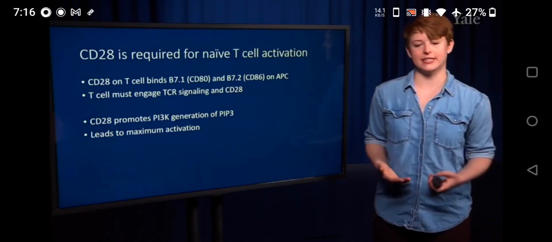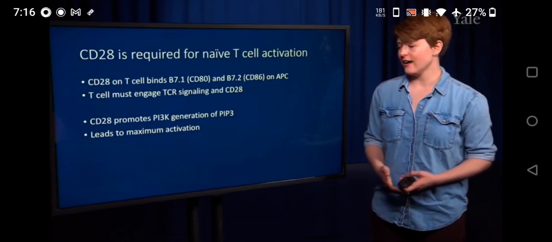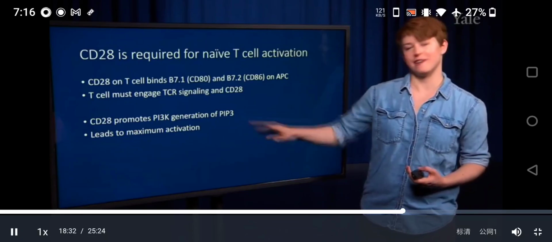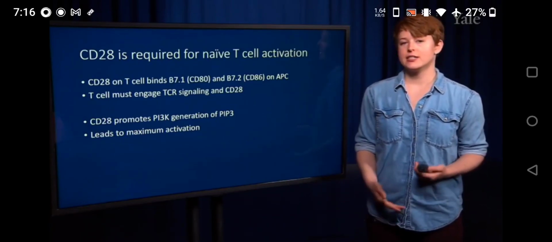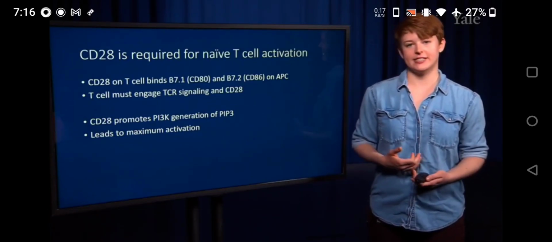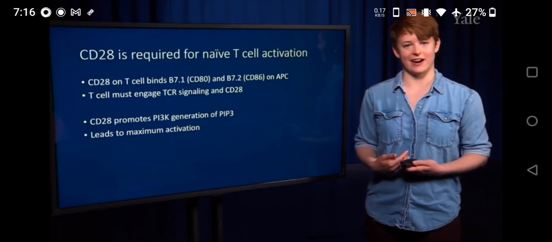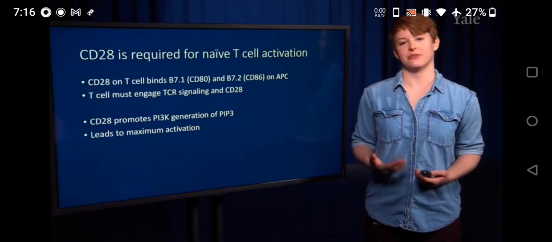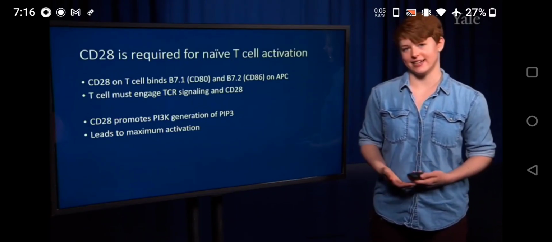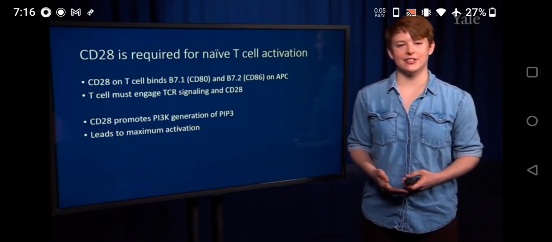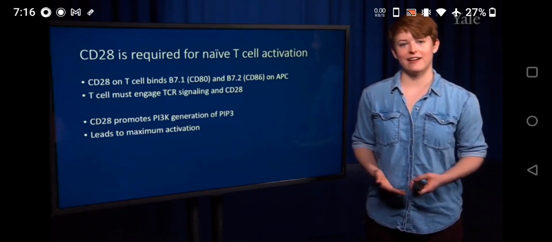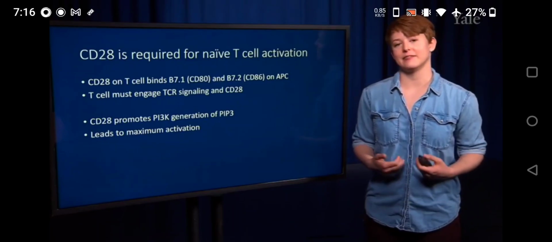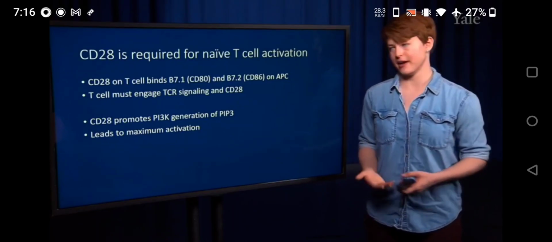And we won't go into the whole downstream pathway of this, but CD28 promotes generation of PIP3 again. Since this is similar to signaling downstream of the TCR, this CD28 binding helps reinforce that TCR signaling. So this leads to the maximum activation of the T cell, and it makes sure that that T cell can become activated and respond.